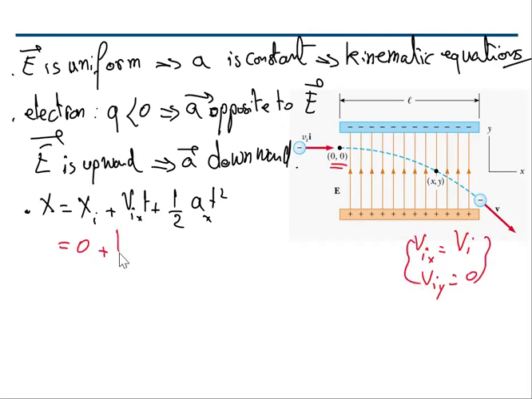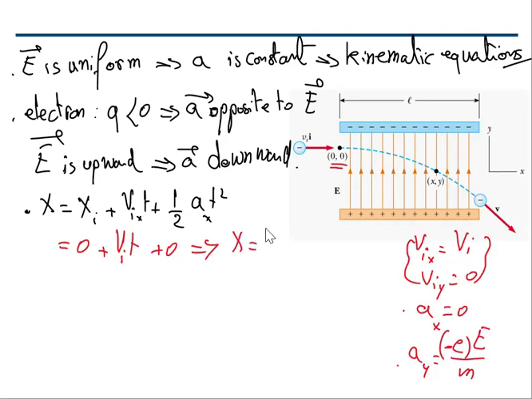So we write here vi t plus the acceleration downward. That means our acceleration along x is 0. What about our acceleration along y? Our acceleration along y will be minus e, which is q, multiplied by E divided by the mass. So that's all. Let's write here plus 0 to understand. So that means x final equals v initial t only.